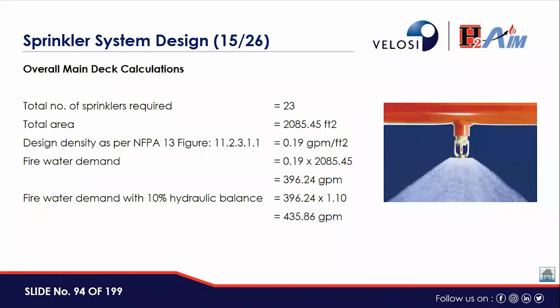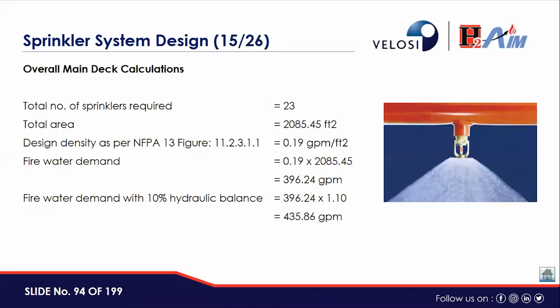Total area was this much. And the design density as per NFPA 13, figure 11.2.3.1.1, is 0.19 gallon per minute per foot square. So what will be the fire water demand? Fire water demand is total area multiplied by design density. We get 396.24 gallons per minute.